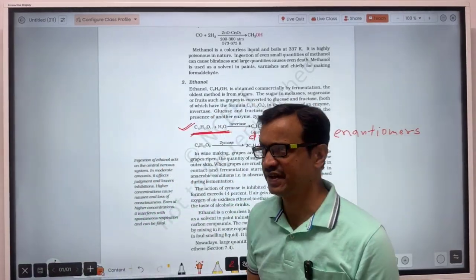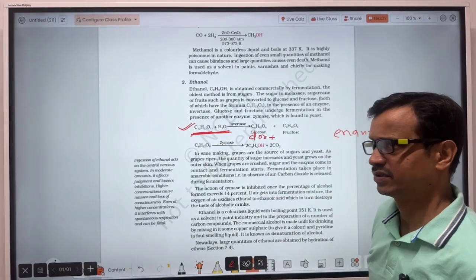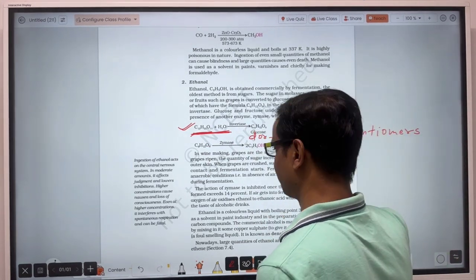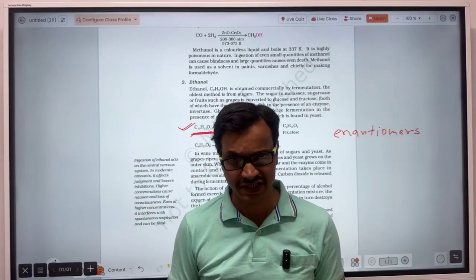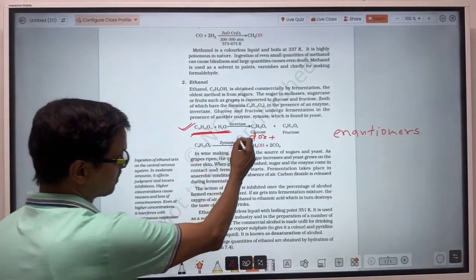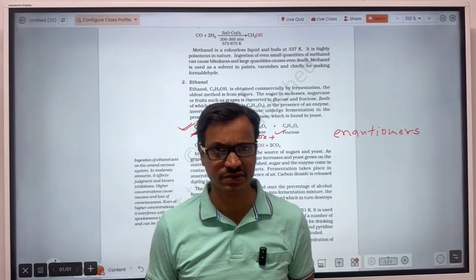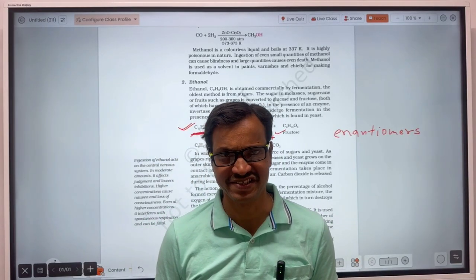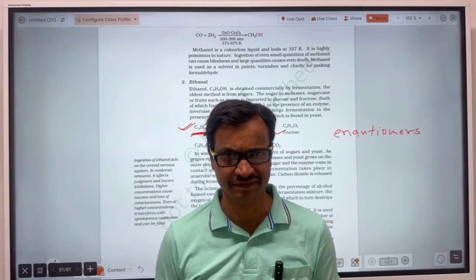So when the enzyme invertase acts on sucrose, it is converted into glucose and fructose. Sucrose is a dextrorotatory compound, and after hydrolysis it becomes glucose and fructose, of which glucose is dextrorotatory and fructose is levorotatory.